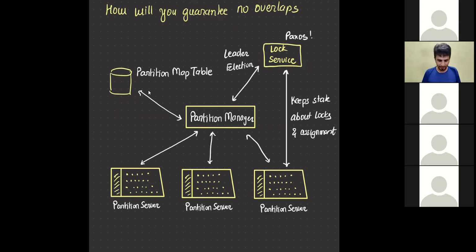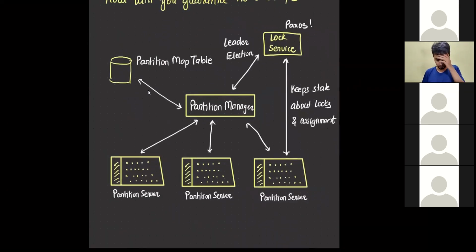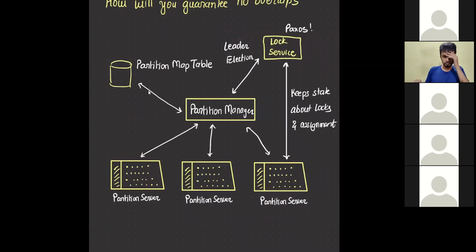Okay. Yeah, Amrish. So here, in case of the partition manager, rather than partition servers themselves going for what they should get assigned, the partition manager should decide. There are two ways to do it, and it's there in the paper.